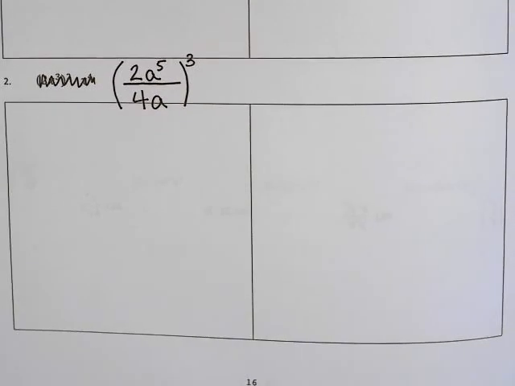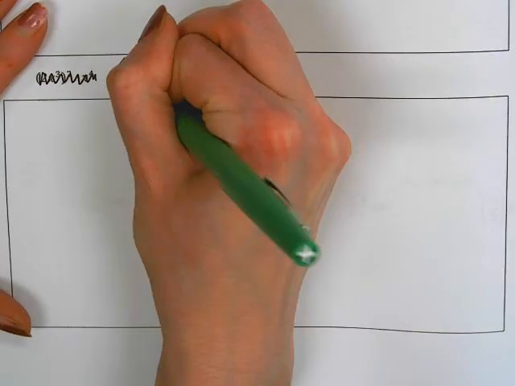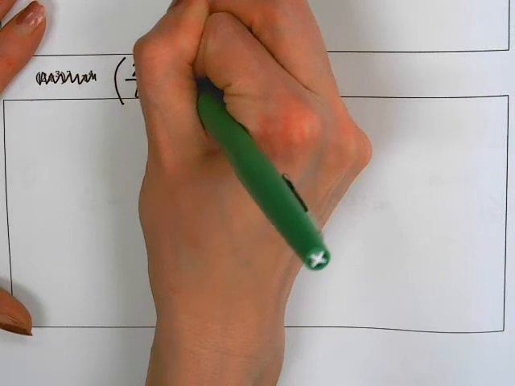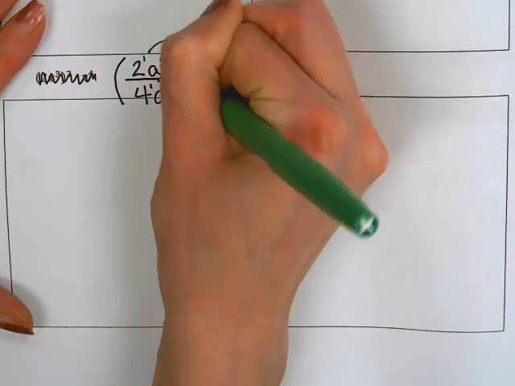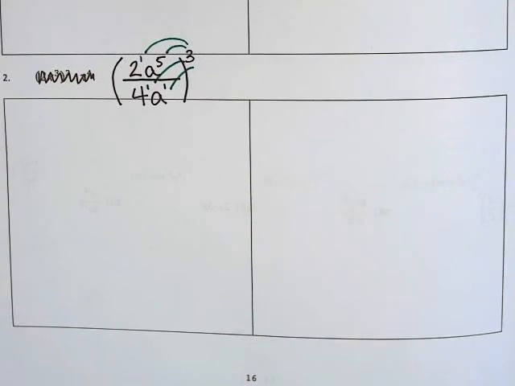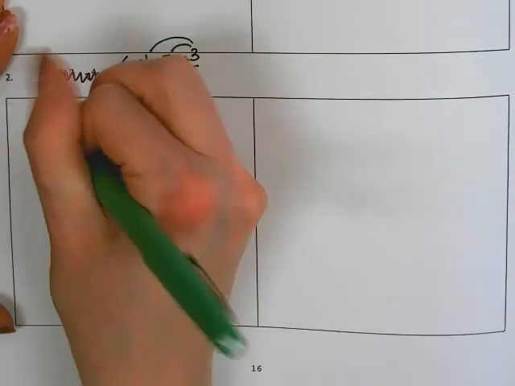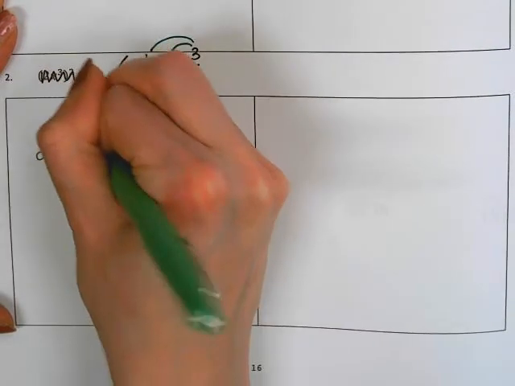The first way is that we could distribute right away. So we can give the 2 a 1 and the 4 a 1, and let's give the a 1 also. When you have a power to a power, you distribute and multiply. So this would be 2, well, 3 times 1 is 3. And then it'd be a to the 15th.